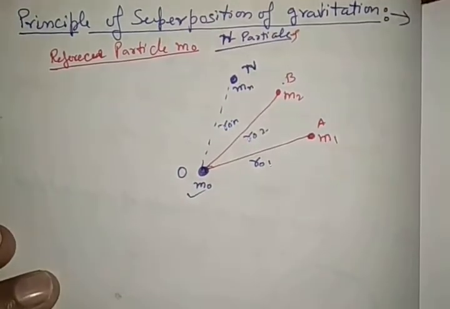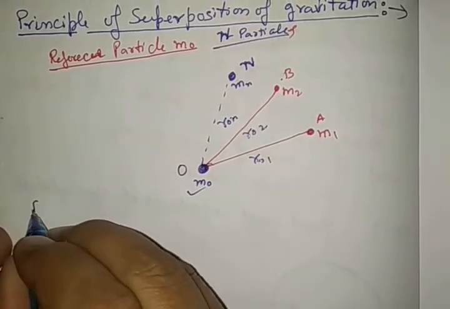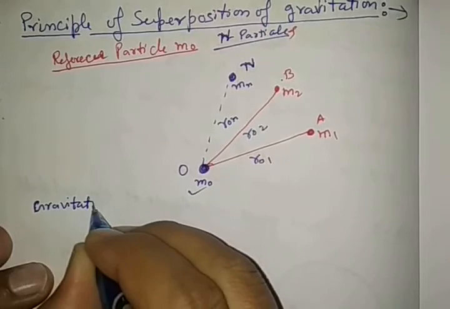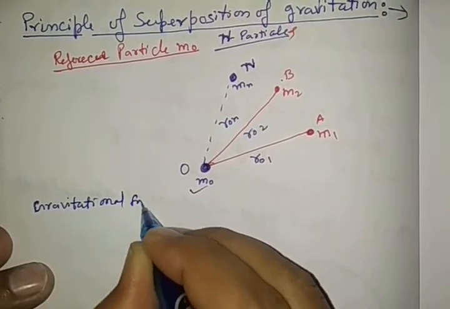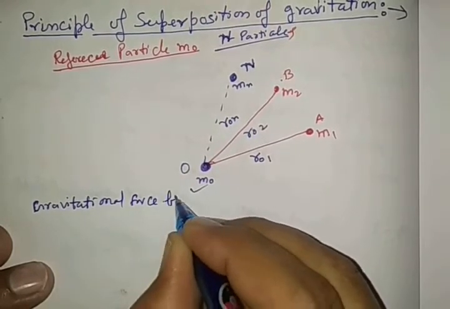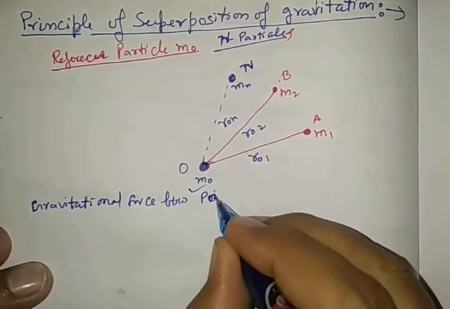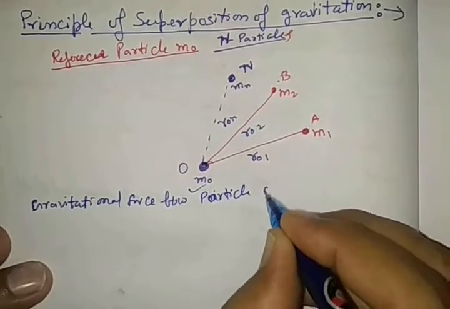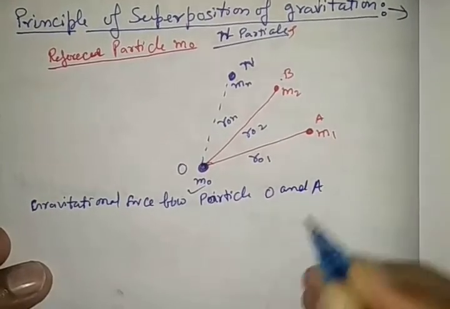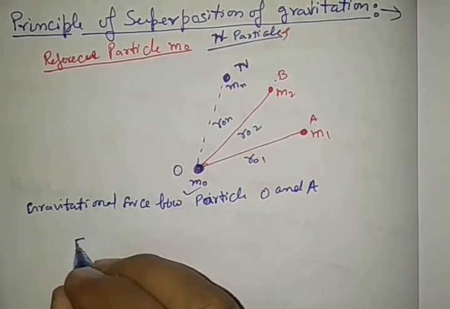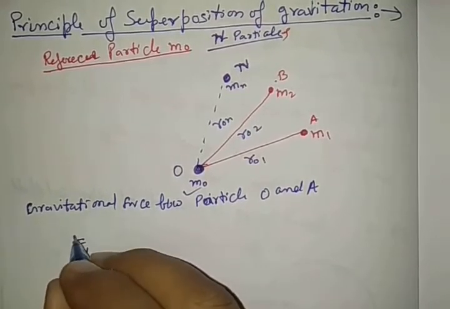So we are going to calculate gravitational force between particle O and A. This we are going to represent by force F01.